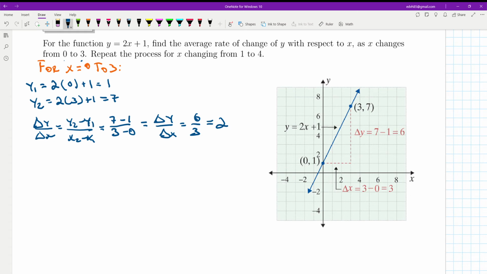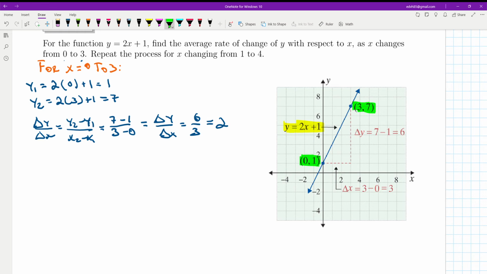But what is this ultimately? From the picture here, we have the graph of the function y equals 2x plus 1, right? Essentially what we're doing is finding the slope of the line that passes through these 2 points, (3, 7) and (0, 1).